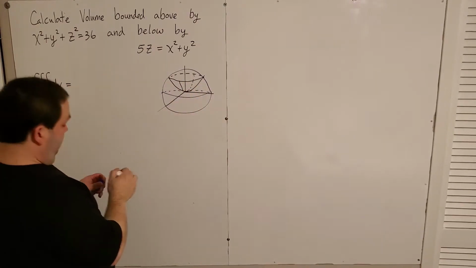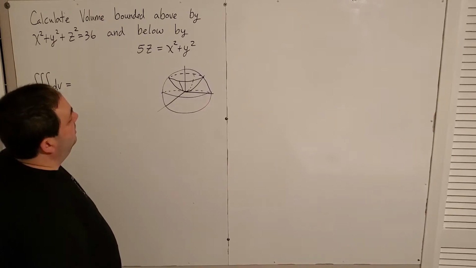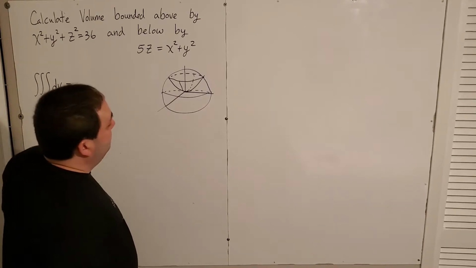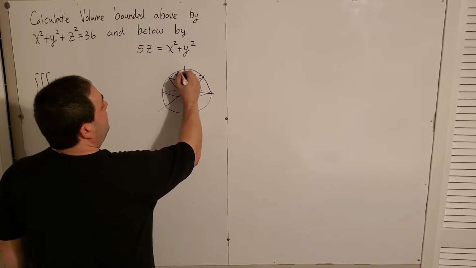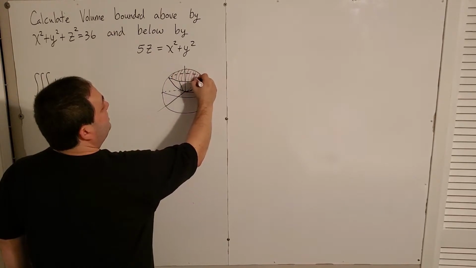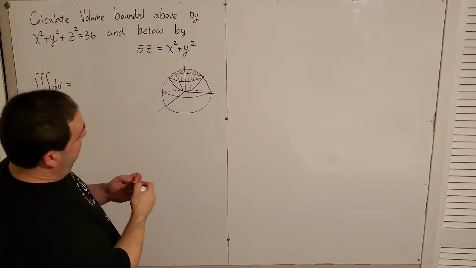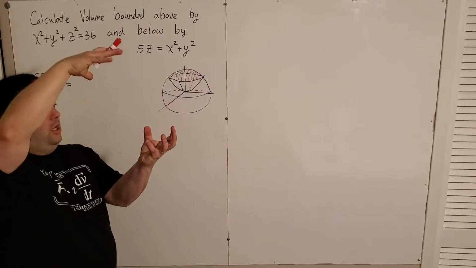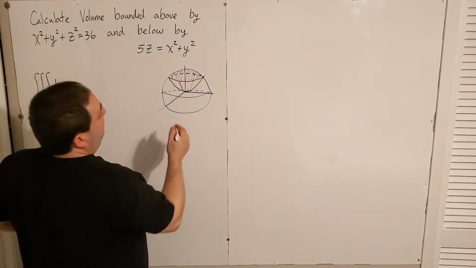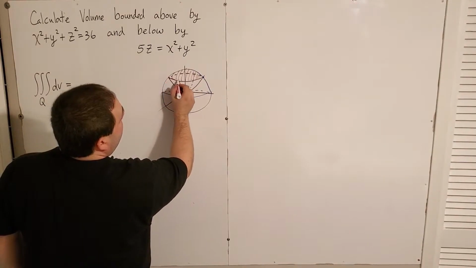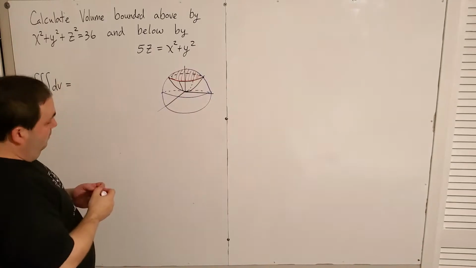So what we're looking at is the piece of the sphere cap, just this piece right here that happens to sit right underneath where the paraboloid is going to come up and intersect the sphere. So we definitely want to find this intersection here.